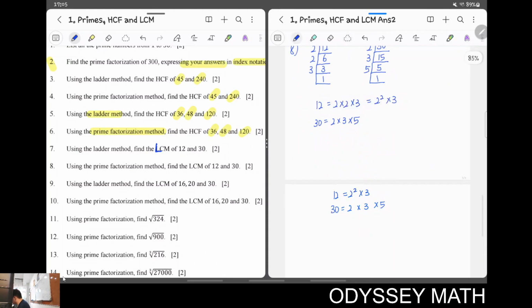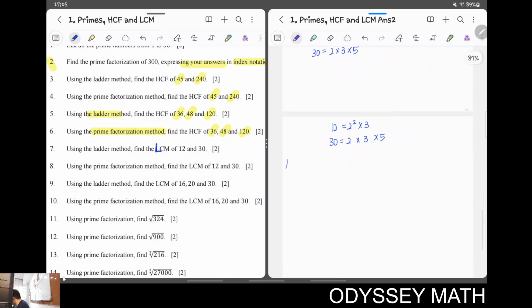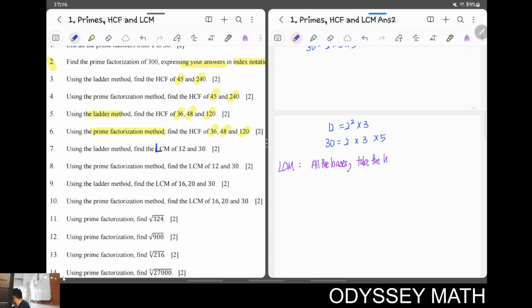Now, unlike HCF, for LCM, how we do this, the English explanation is all the bases. No need for common base, just all the bases. No need to check whether they are common or not. For all the bases, take the highest.